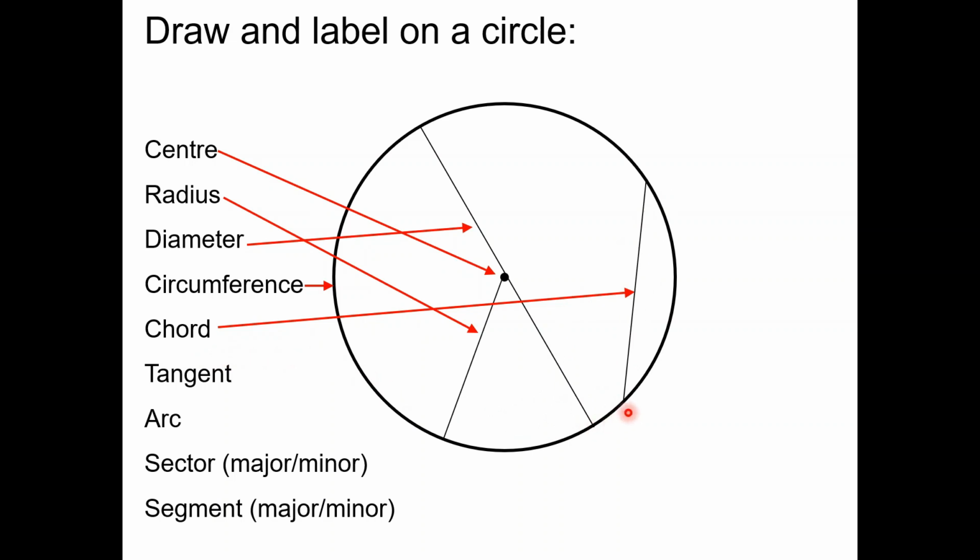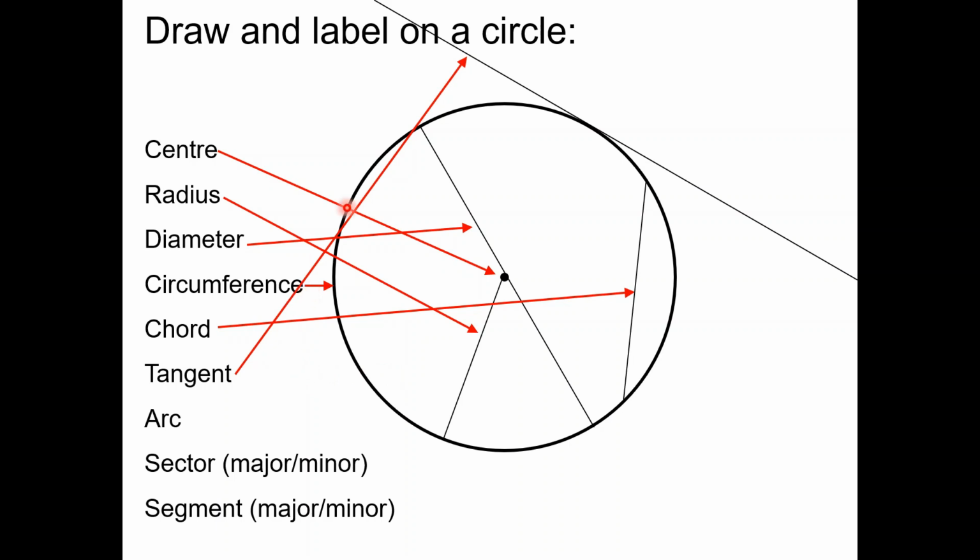Now, if a line touches two points on the circumference and does not pass through the center, then that is a chord. Now, we are going to look at what we call a tangent.